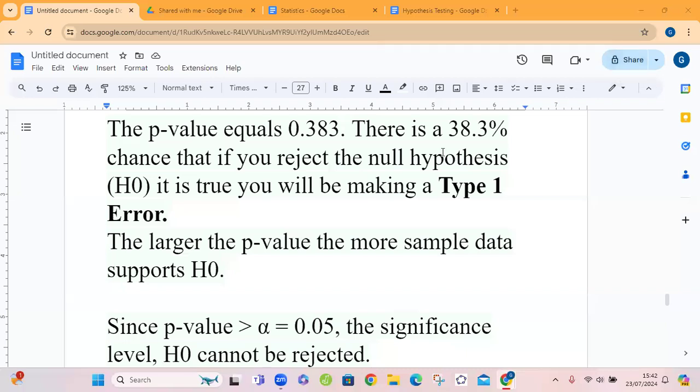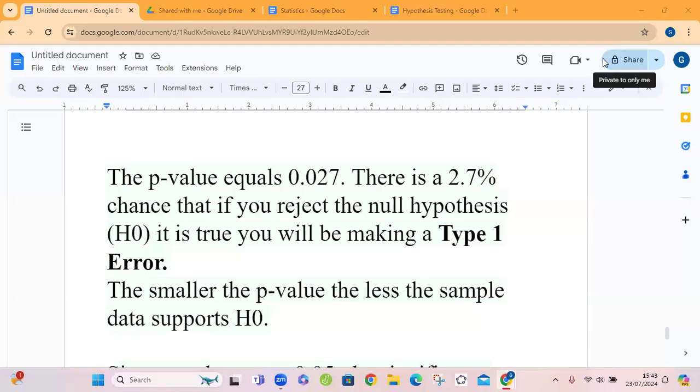So any p-value which is greater than 5%, for example, you will not be rejecting the null, because there's a 38.3% chance of making a type 1 error, which is high, whereby you'd be rejecting the null and it could be true. So in this case, you will not reject the null hypothesis.